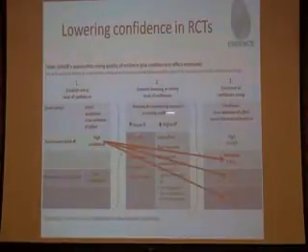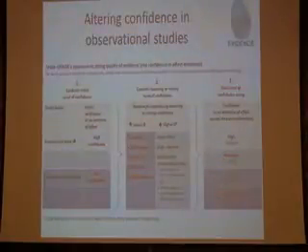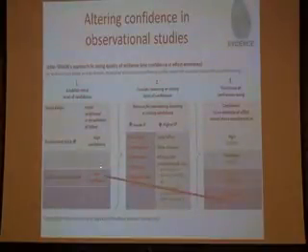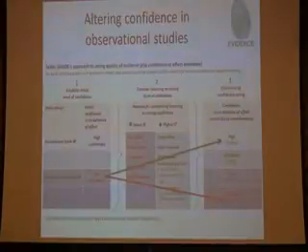The more defects you find in the body of evidence, the more you go down. Or vice versa, you can use the criteria to go up: maybe you start from observational, you can still go down, but you can have a large effect or dose response and you go high. All of this is tracked in the process. So if you wonder why they gave a strong recommendation starting from observational trials, you will find what the reasoning was.